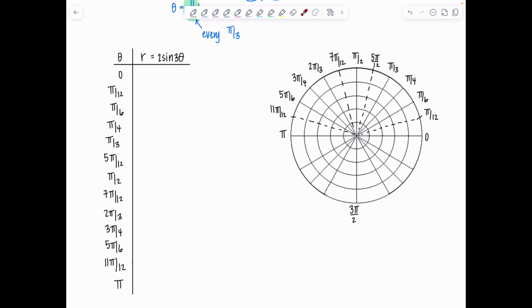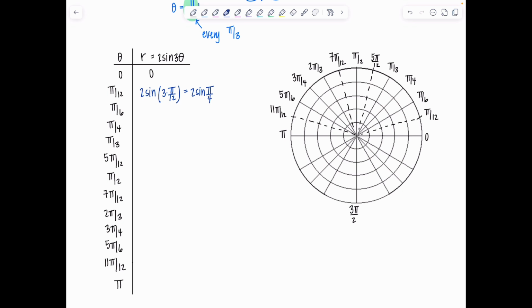Okay, so 2 times sine of 3 times 0, that's just 0. Now the next one, pi over 12, that's 2 times sine of 3 times pi over 12, right? So then that's 2 times sine of pi over 4. Pi over 4 is our 45-degree reference angle.